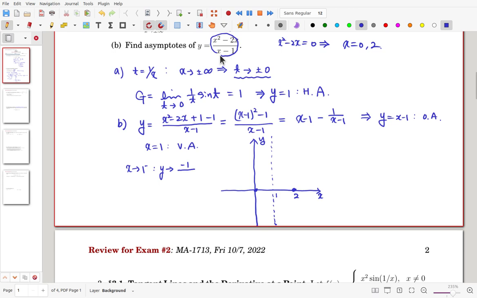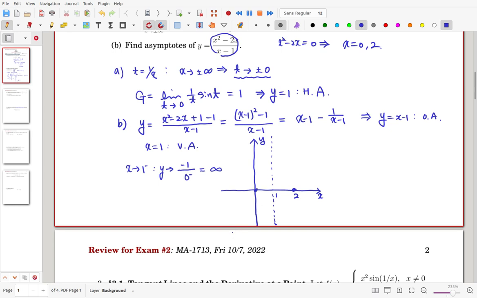And now x is less than 1, so x minus 1 is less than 0 but approaching 0, which means 0 minus, and the value will be positive and becoming larger and larger, so it goes to infinity. So as x approaches from the left, the value will go to infinity.